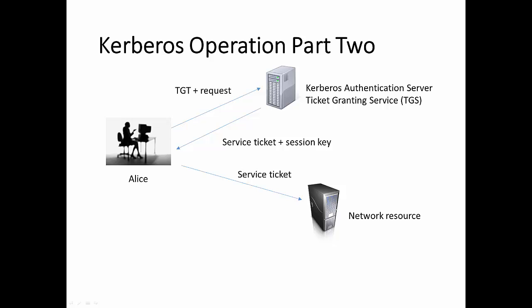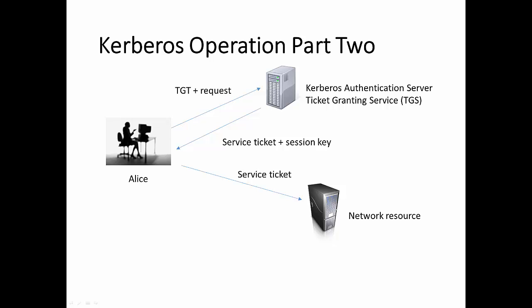And the service ticket is now sent again with another session key. Alice already received a session key which is identical to what was stored in the service ticket, and the network resource is now able to decrypt the service ticket and retrieve the same session key from it.